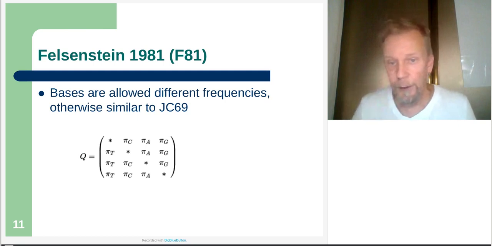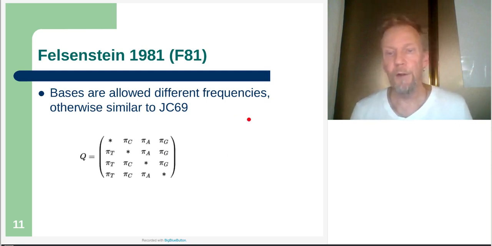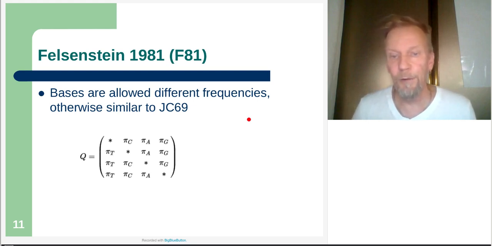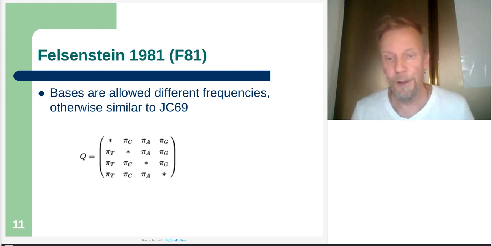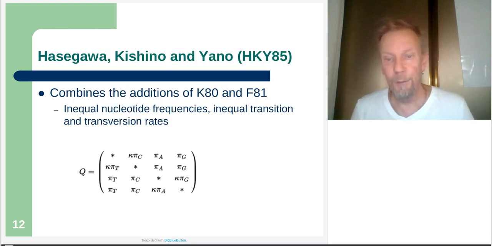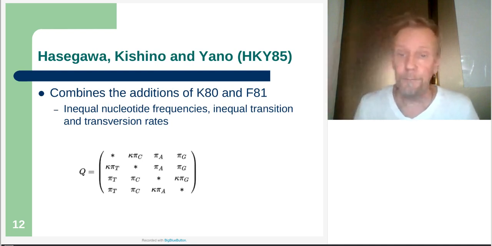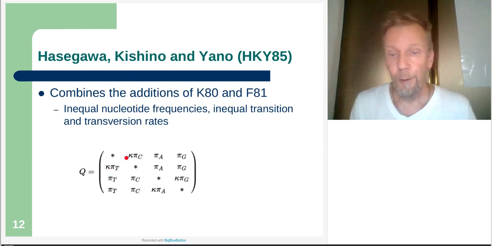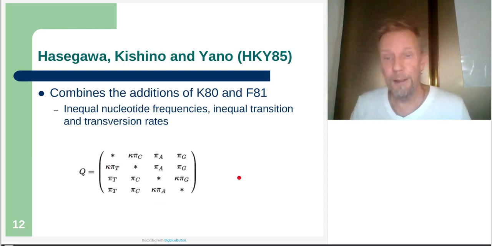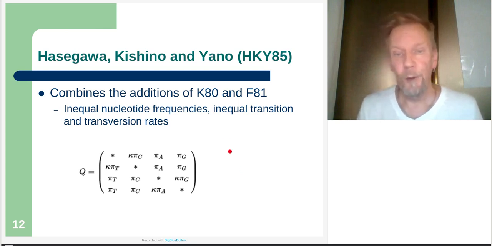So we could start thinking of taking the nucleotide frequencies into account to make a correction for that. And the simplest version of that is just giving the nucleotide frequencies here. But then if you mix it with the principle of having transitions as more common, we get the HKY model.